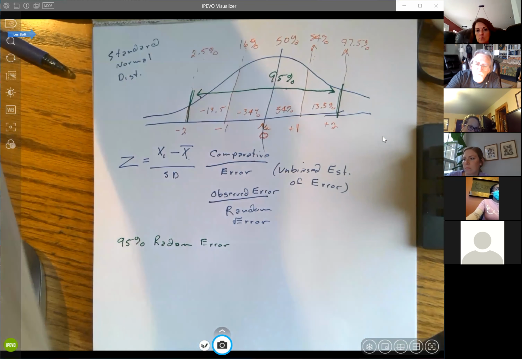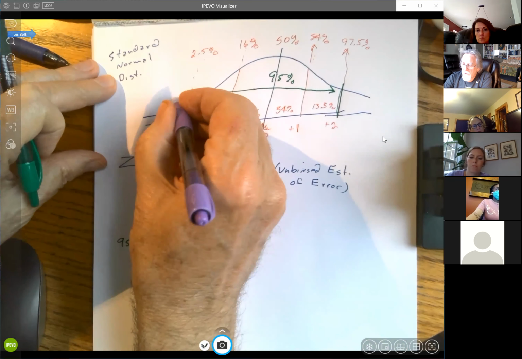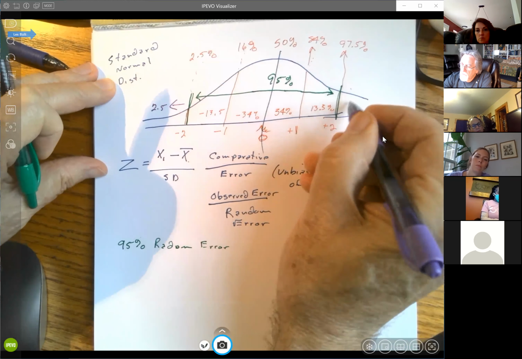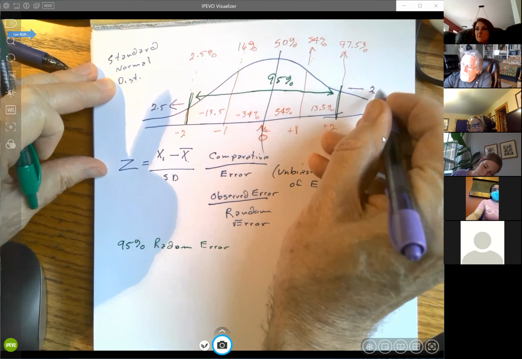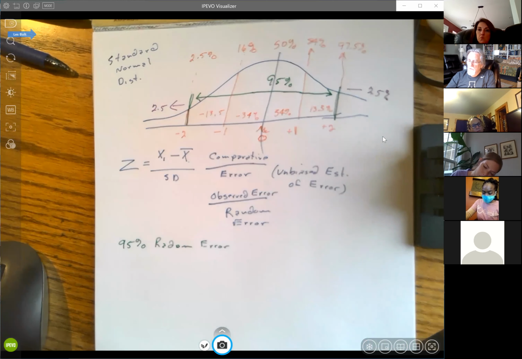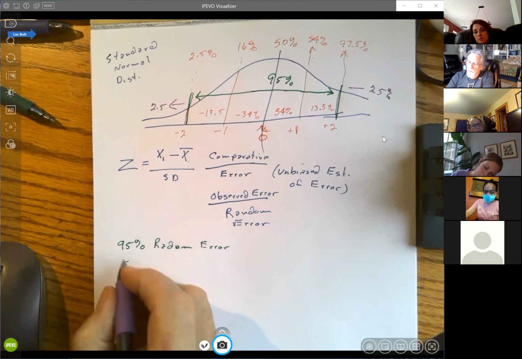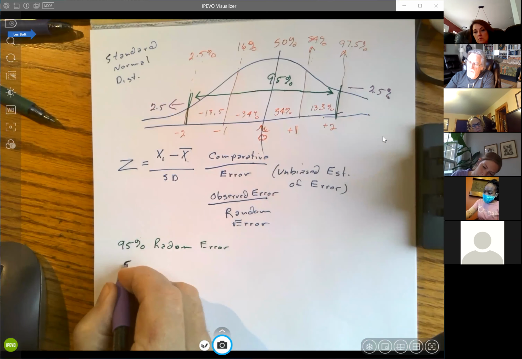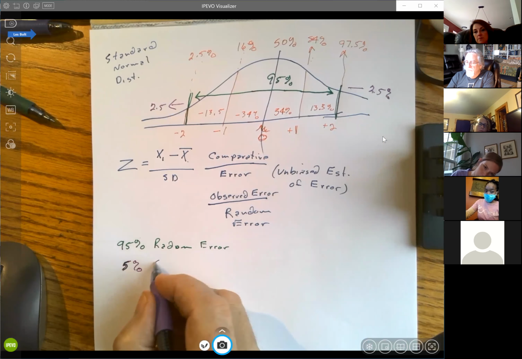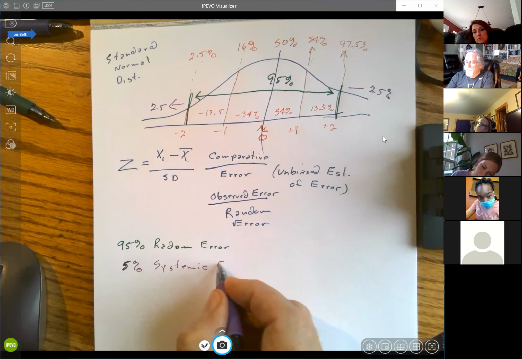And if something's out here in either this 2.5% or this 2.5%, we say that's the area of 5% systemic error.